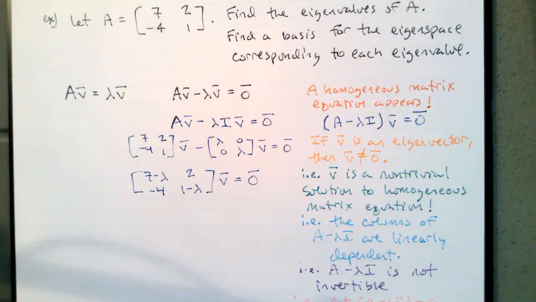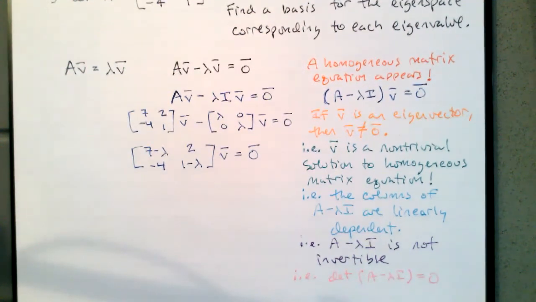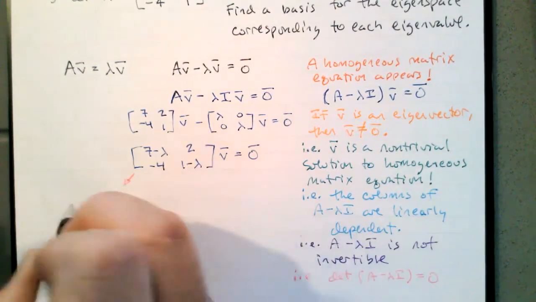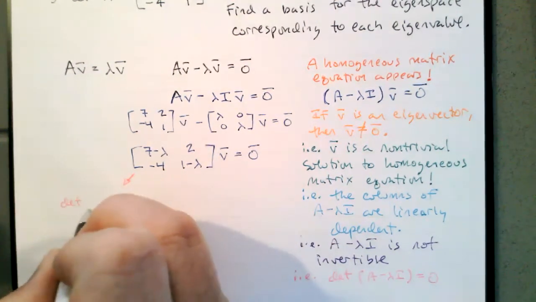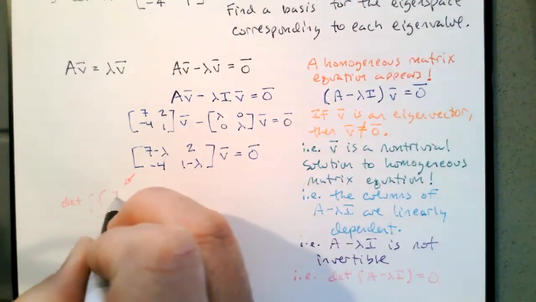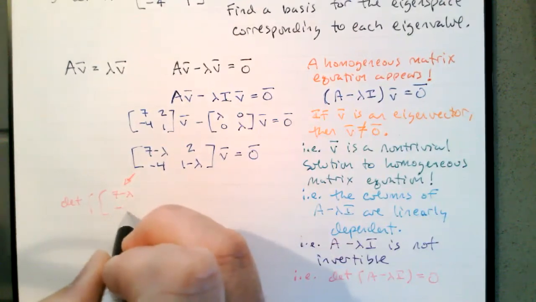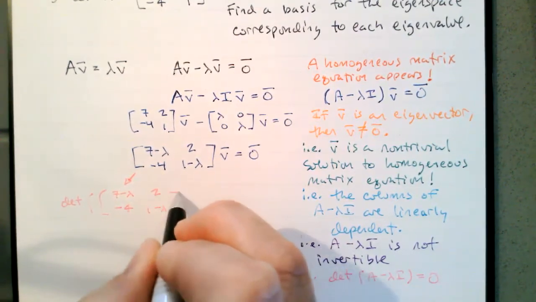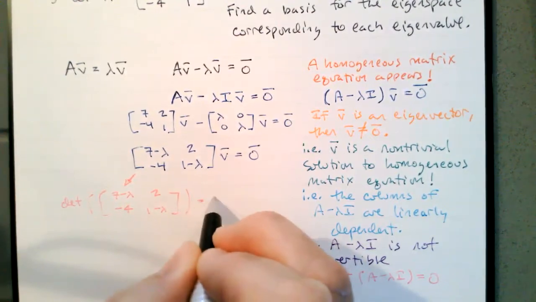So that means we want the determinant of this matrix to equal 0. So I want the determinant of the matrix 7 minus lambda, -4, 2, 1 minus lambda to equal 0.